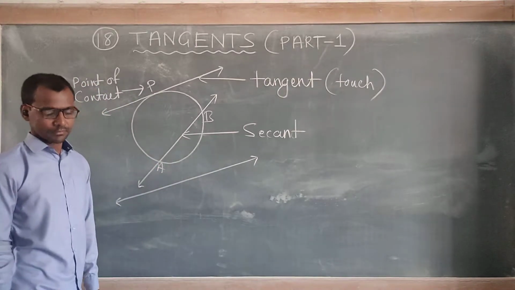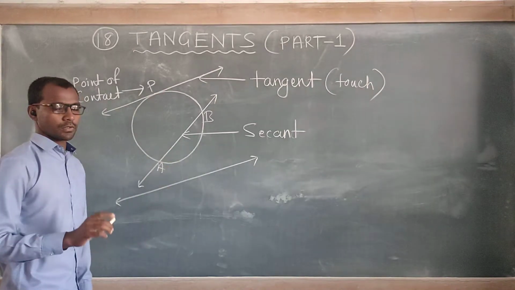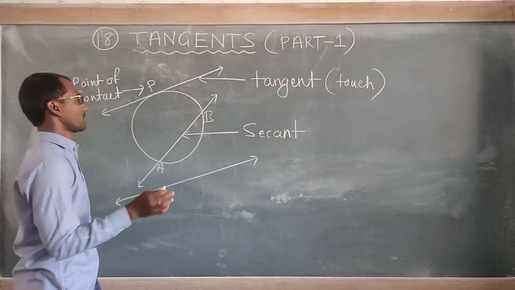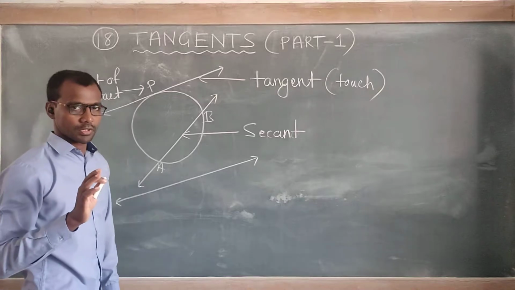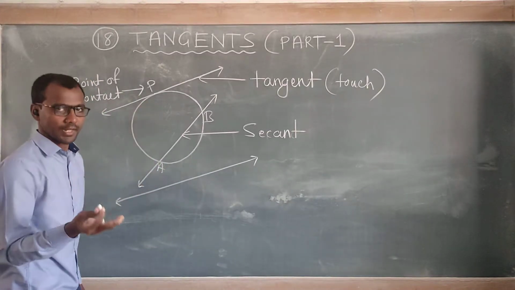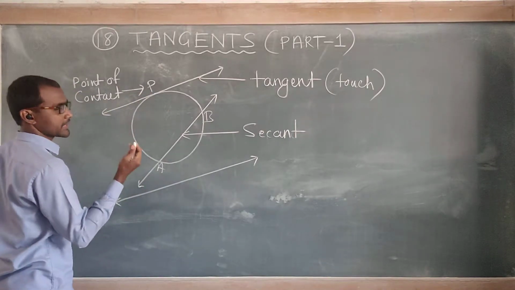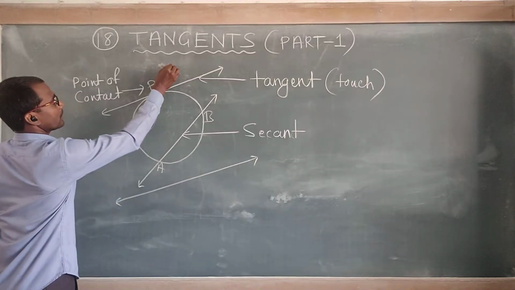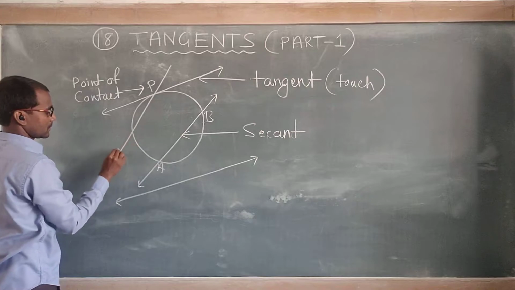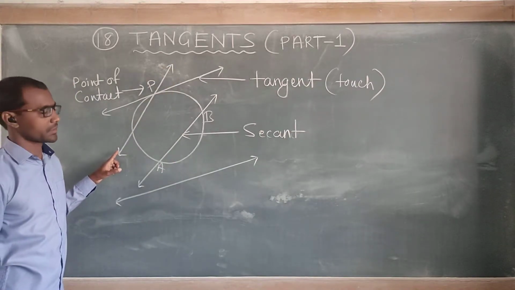So that means at a given point on the circumference, we can draw only one tangent. If I try to draw any other tangent through the point P, it will not remain a tangent, it will become a secant. For example, I am drawing another line through P. Is this line a tangent?